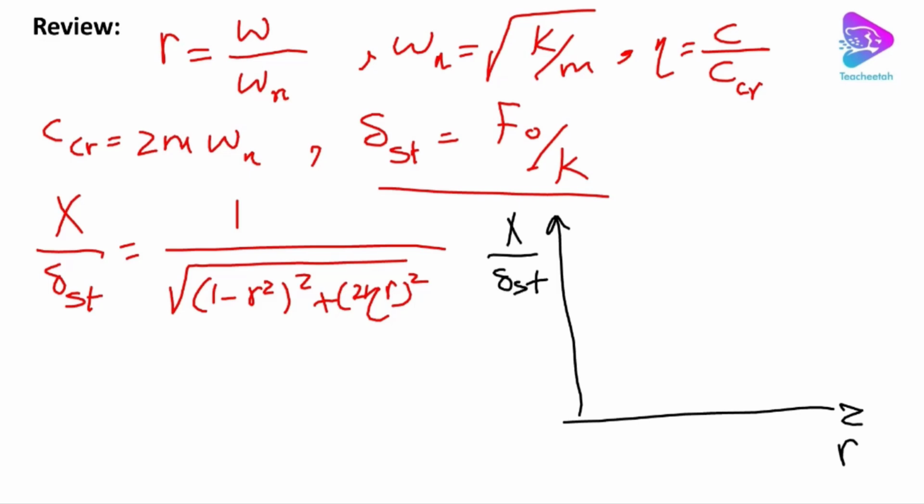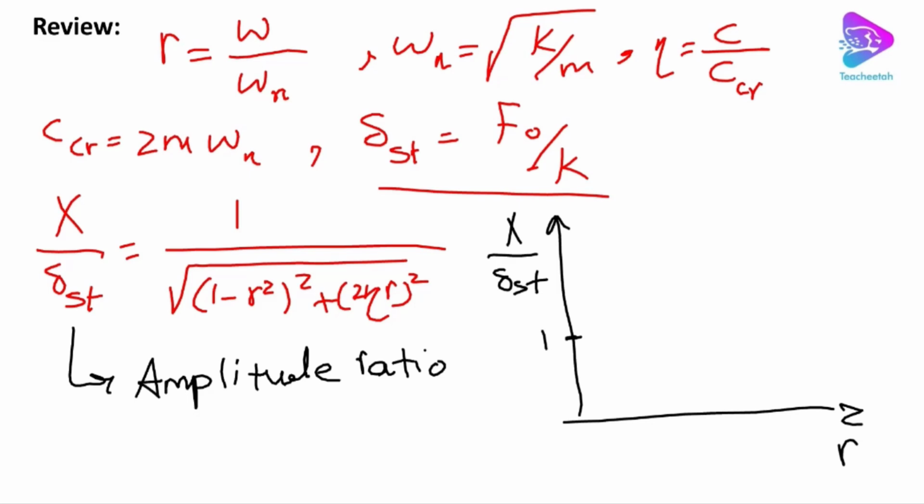So we call this the amplitude ratio. Depending on the value of zeta, you can have different graphs. For example, imagine it starts at a certain point, say 1, because at 0, when there is no vibration, X and delta static are equal.